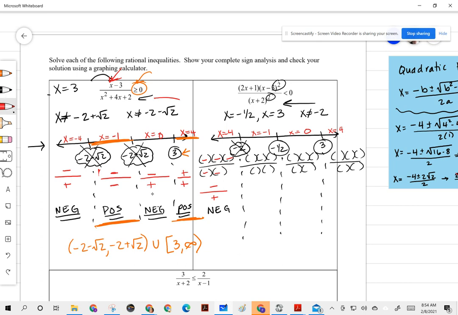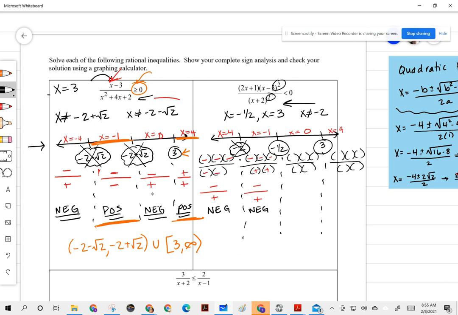Going back using x is equal to -1, that is going to give me a negative here. -1 minus 3, then -1 plus 2. So those are my signs right there. So I have a negative over a positive. And again, that's going to be a negative.